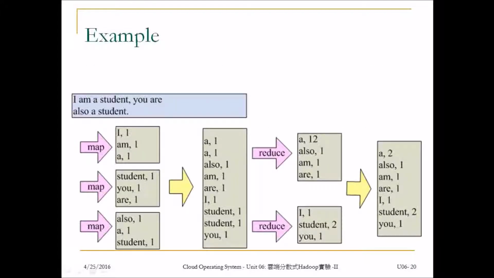Here is our example. You can directly type the sentence as the input data for our Hadoop MapReduce system. Today, we use the sentence, I am a student. You are also a student.